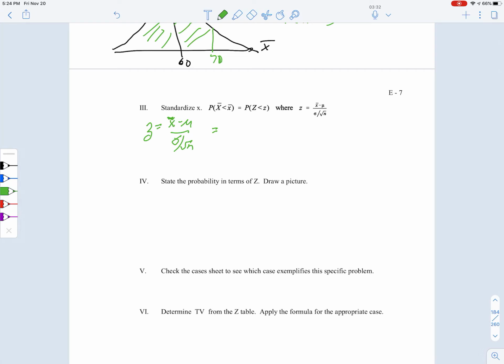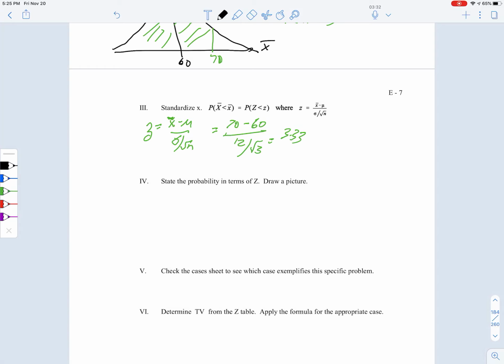In our particular case, we have 70 minus 60 over 12 divided by the square root of 16, and that comes to 3.33. Right there. So now we're into the rest of our regular steps for a normal distribution.